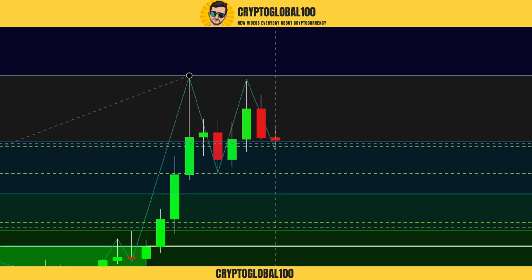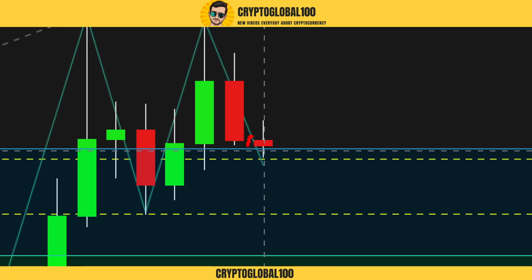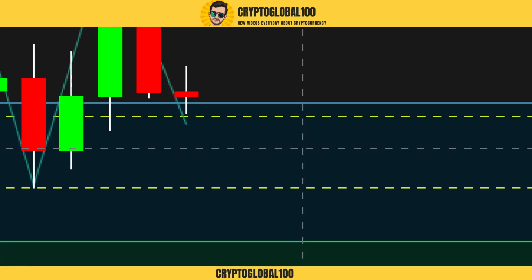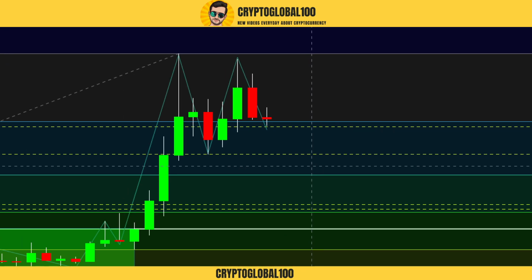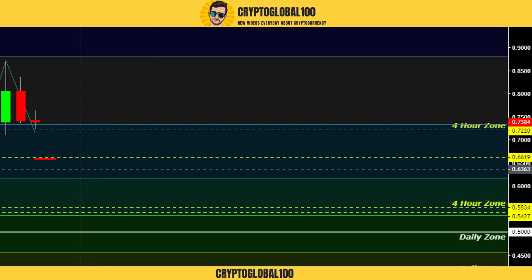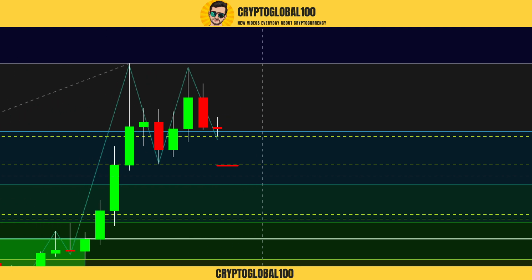You see the body, and the wick on the upside and the wick on the downside are equal. So it means the buyers are trying to push the price up and the sellers are trying to push the price down. In case the price gets down, we might see this level, which would be 0.61.